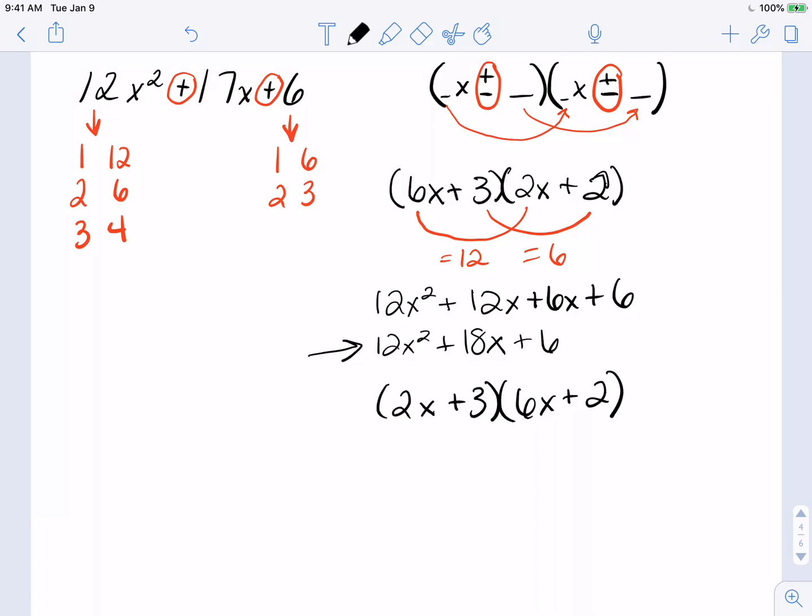All right, so 2x times 6x is 12x squared. 2x times 2 is 4x. 3 times 6x is 18x. Plus 3 times 2 is 6. Combine like terms, and you've got plus 22x plus 6. So that's not right either.